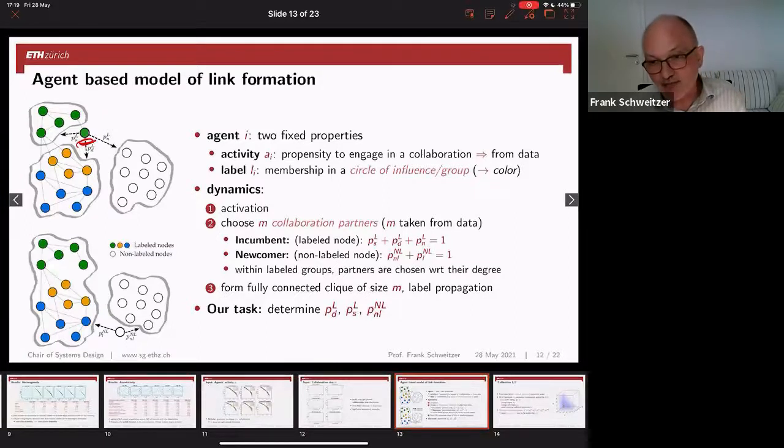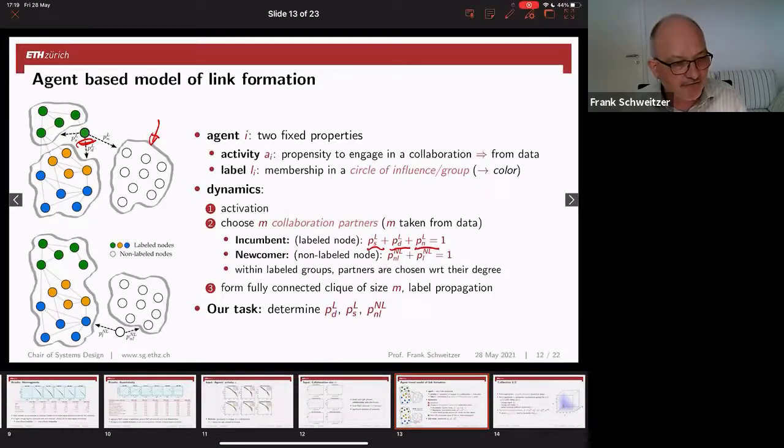Or what is the probability that it does not choose a firm with a label, but a newcomer? These are the newcomers here. So these are 3 different probabilities: same label, different label, newcomer. They sum up to 1, and we need to determine this.